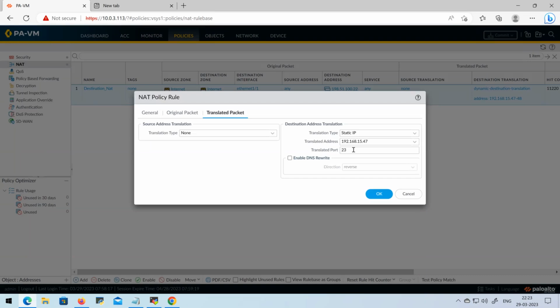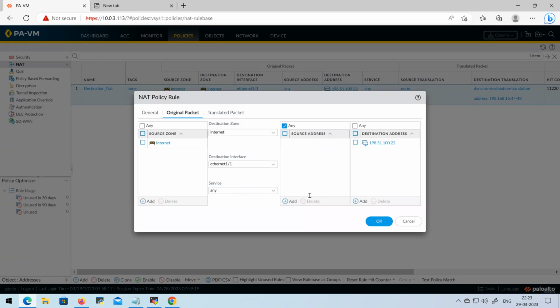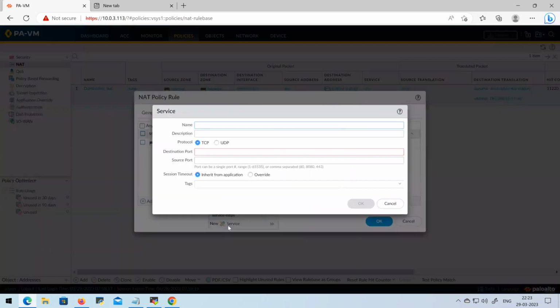Okay. So we are allowing 23 as the translated port, right? In the original packet, we are going to use TCP destination port 2323.